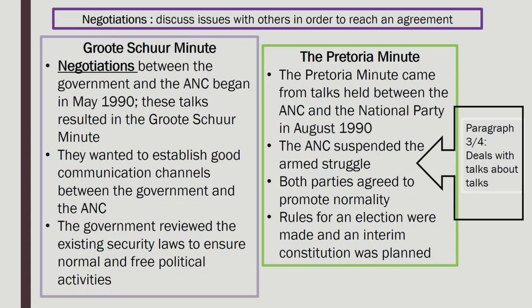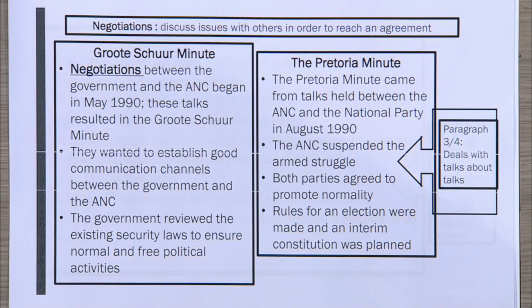Make some points about what happens within the Groote Schuur minute. Point out to the marker that you know some of the details. Negotiations between the government and the ANC would begin in May 1990. These talks resulted in the Groote Schuur minute. They wanted to establish good communication channels between the government and the ANC.